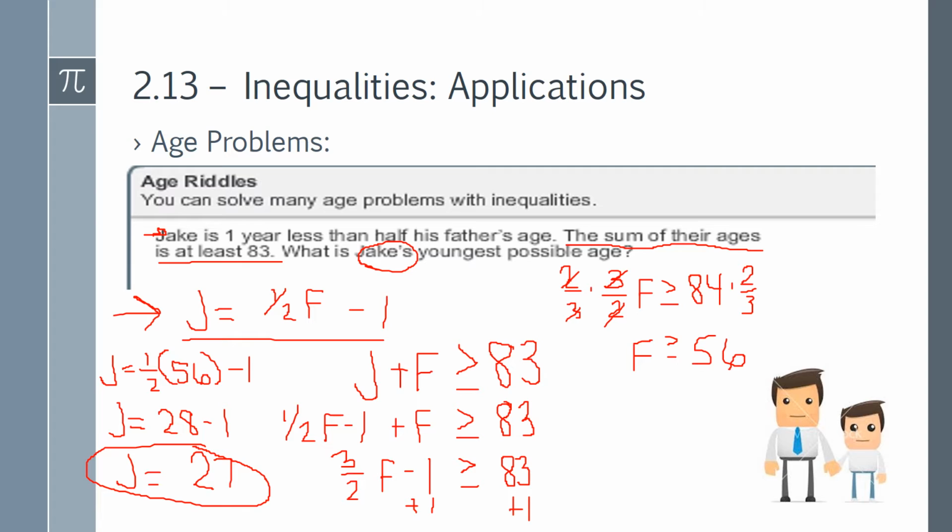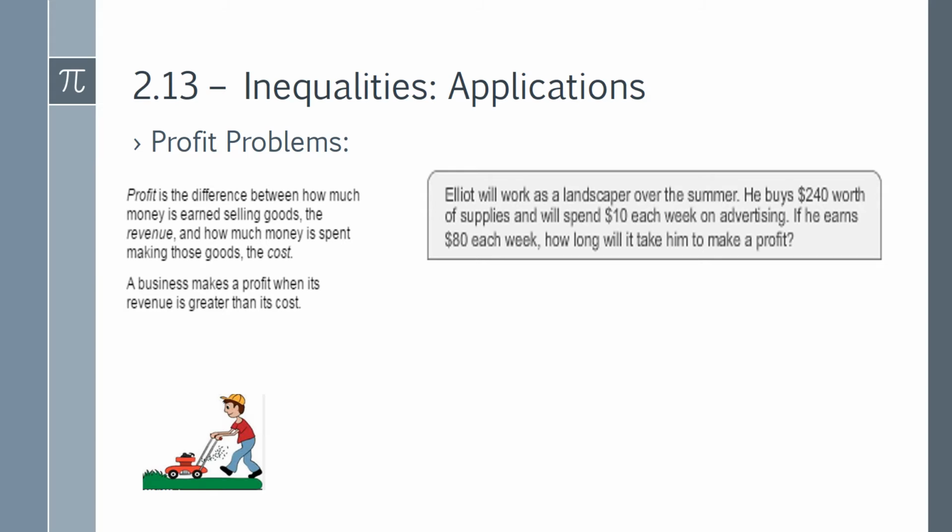So 26 and 54, and if you add those together, that would be 80. Not quite there. It has to be at least 83. Okay, so Jake is at least 27. Youngest possible age, 27.